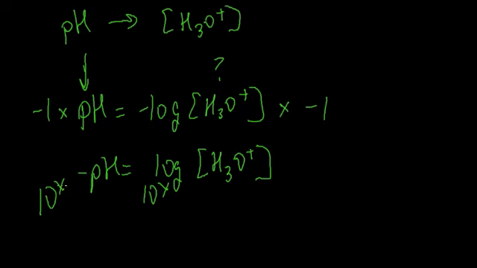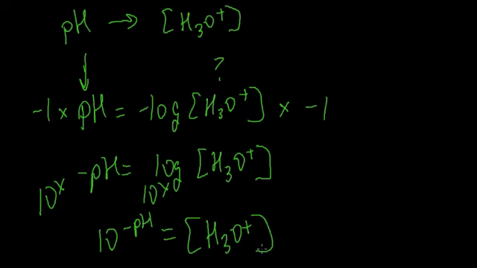So this will be the exponent x, and this will be the exponent x, and that's 10 to the minus pH equals, log is base 10, so base 10 and log cancel each other out, and you're just left with the hydronium ion concentration. So in your calculators, if you're given a pH, if you make that pH negative and then you type your 10 to the x button, it better give you the H3O plus concentration. All right, hopefully that'll help you out.